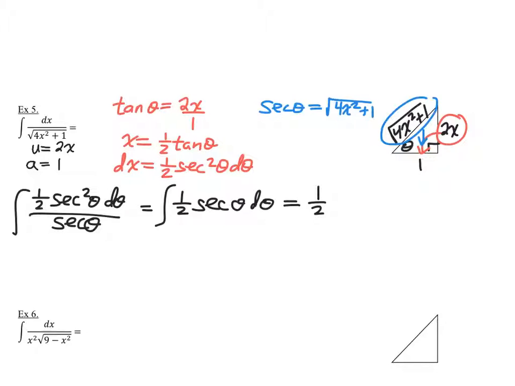Does anybody know the fact? The antiderivative of secant theta is? ln secant plus tan plus c. Exactamundo. So in this case, theta's.